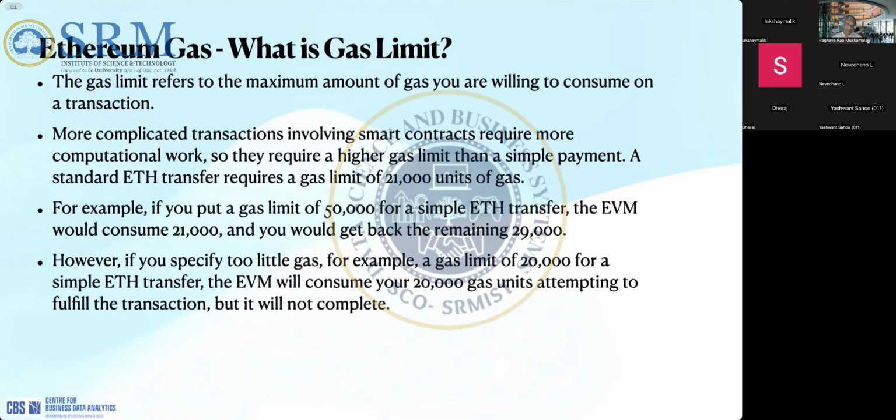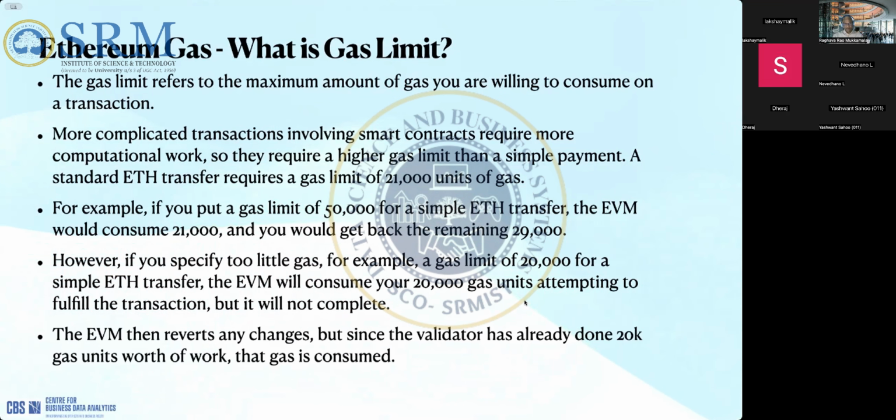So you will only get your money back, but the transaction fees will not be returned, because at least the base fee is already spent, right? So yeah, the EVM reverts any changes, but since the validator already did 20,000 gas units of work, because he executed the transaction up to that point, the gas is consumed and will not be returned.